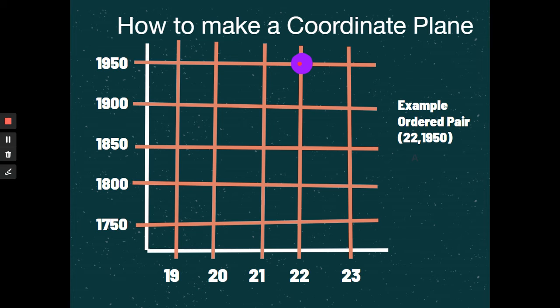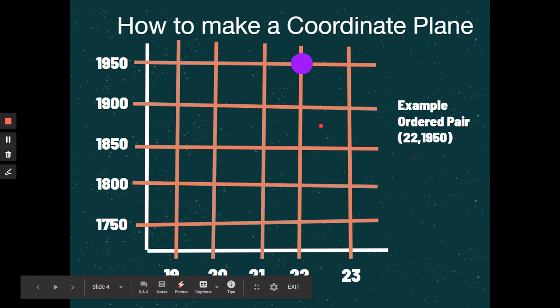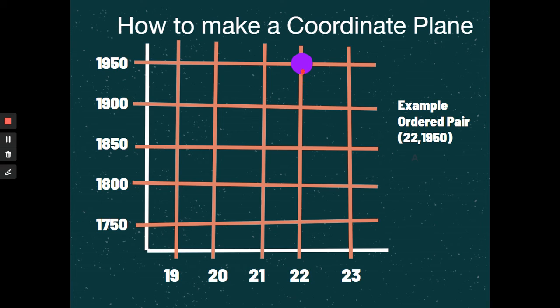Now, an important thing to think about is if I had a number that was not exactly on 1950, but it wasn't exactly on 1900, if it was 1925, if it was still on the 22nd, but it was 1925, it wouldn't be up here exactly, and it wouldn't be down here exactly.